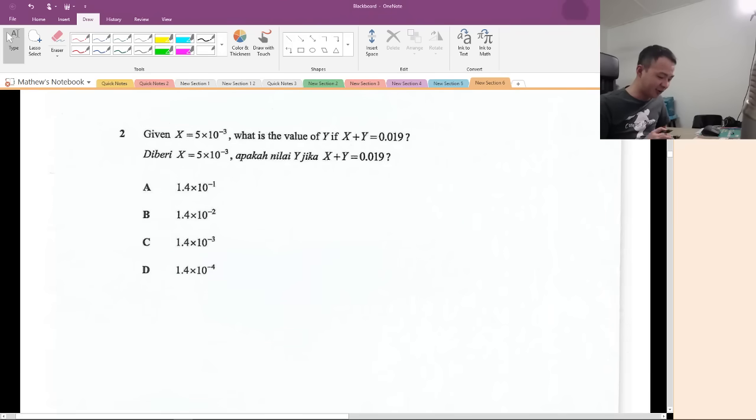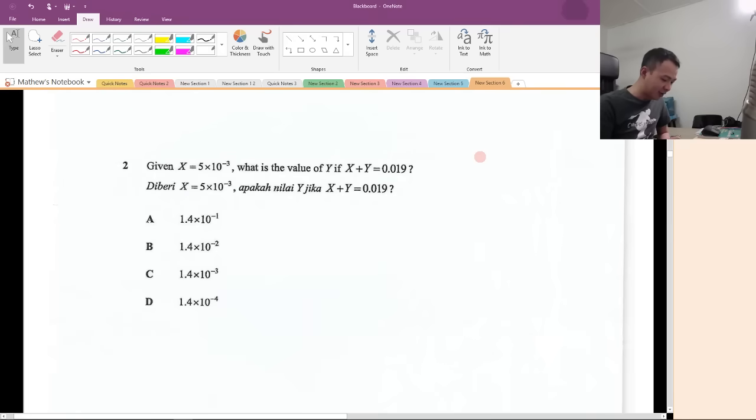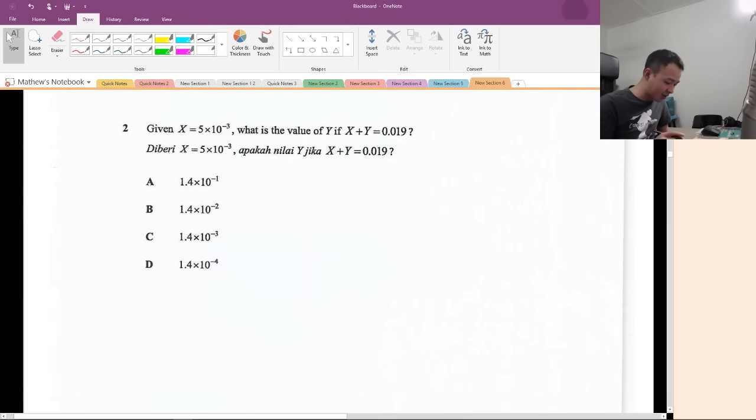Alright, so given that, what is the value of y if x plus y equals 0.019? In order to solve this question, x plus y equals 0.019. So basically y will equal 0.019 minus x, isn't it?